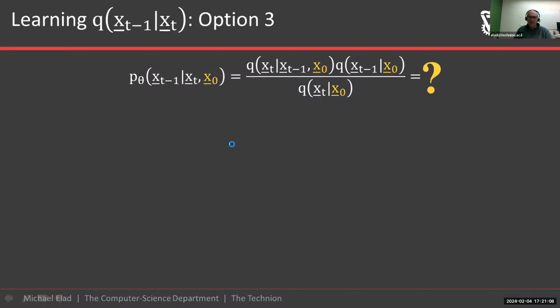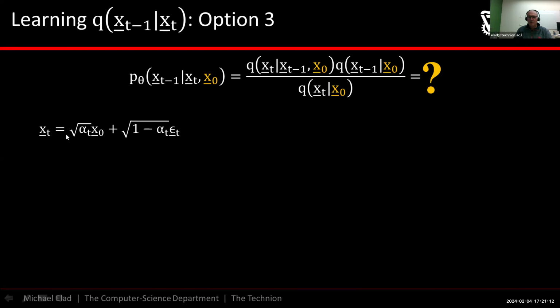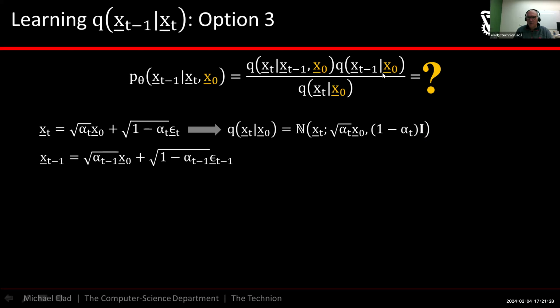Here is the formula that goes from x0 to xt with the help of those alphas. This is a Gaussian. The mean is square root of alpha t times x0, and the variance is 1 minus alpha t. The same for q of xt minus 1 given x0. The very same thing. It's another Gaussian. We know exactly how it looks.